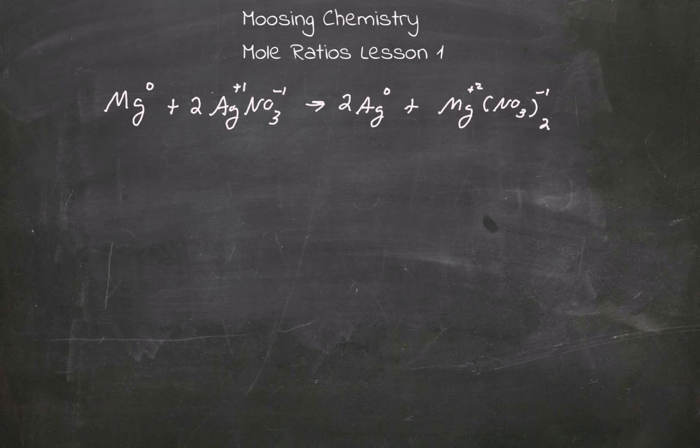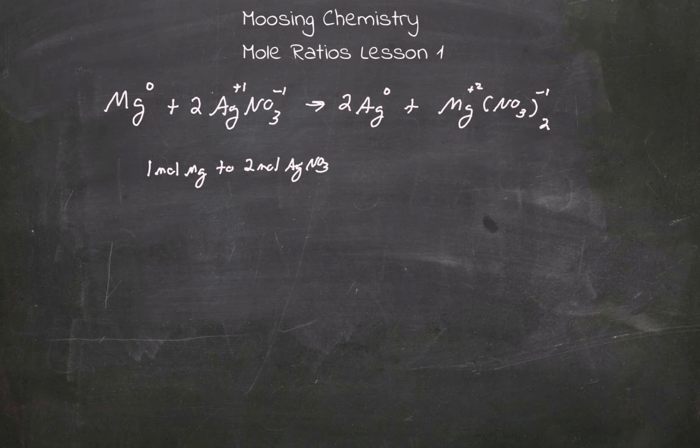So what is a ratio? A ratio is a comparison of one to another, to another, to another. So let's look at this ratio. So we have 1 mole of magnesium to 2 moles of AgNO3, and that's a ratio.